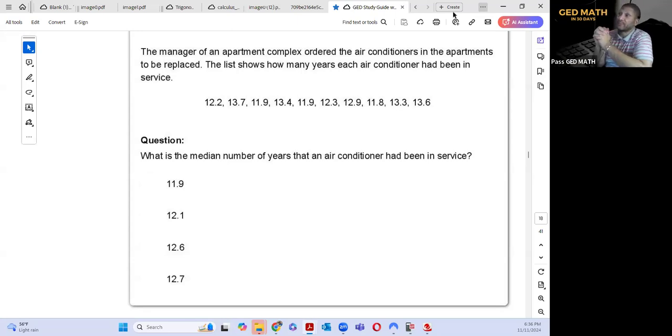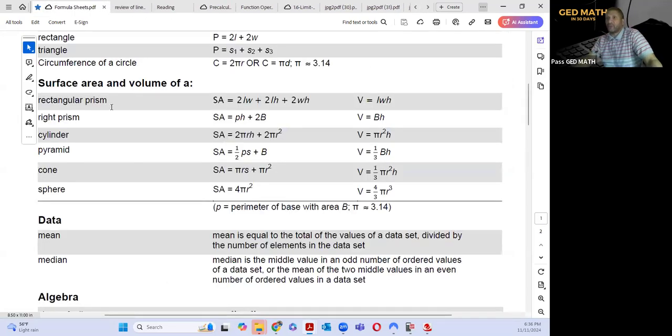All right, what's next? So we talked about area. We talked about volume. Again, use your formula sheet to identify your givens. Anything that they give you, look, you've got the volume. Rectangular prism, length times width times height. Right prism, base times height.